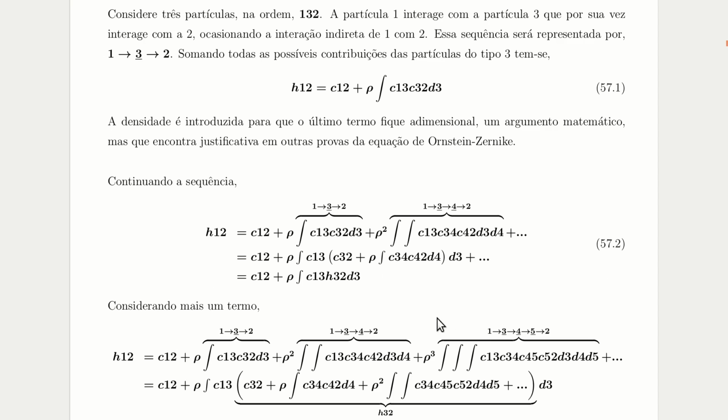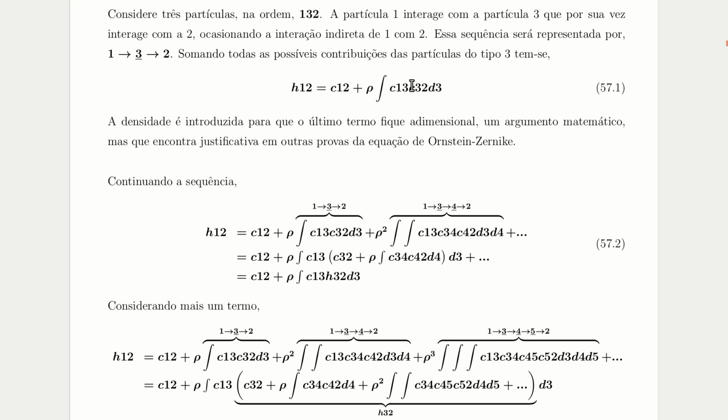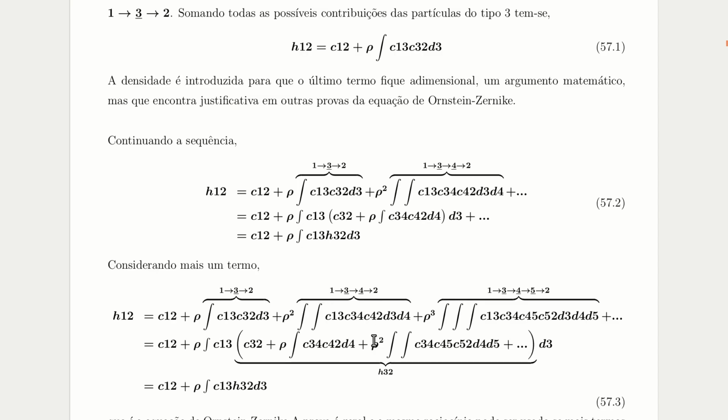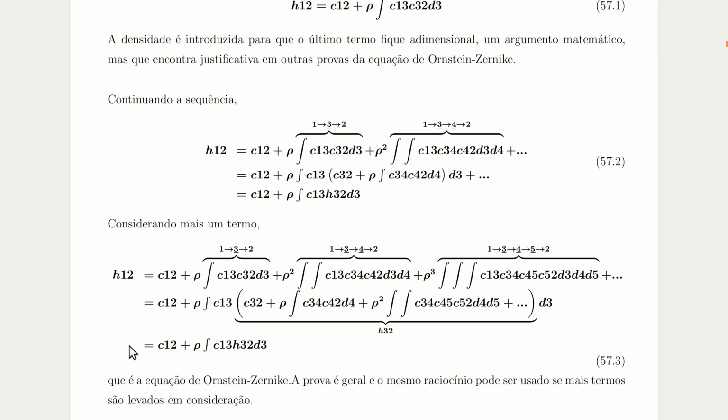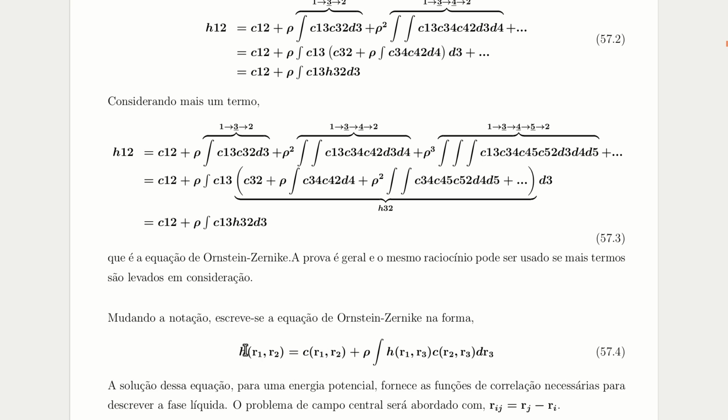And if you continue the process again, and use this expression recursively, this one and this one, just substitute, I'm going to arrive at the Ornstein-Zernike equation, which I will put in this form. The indirect correlation function is equal to the direct correlation function plus the density times an integral over h and c.